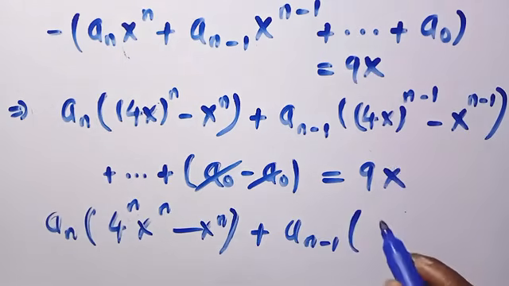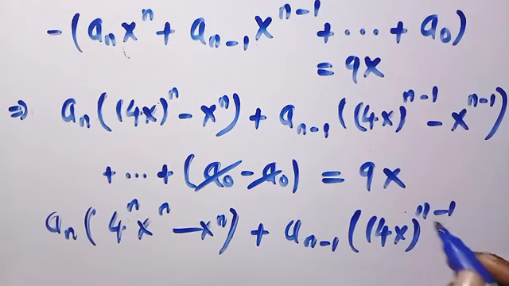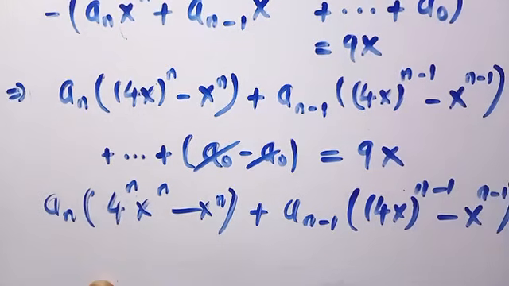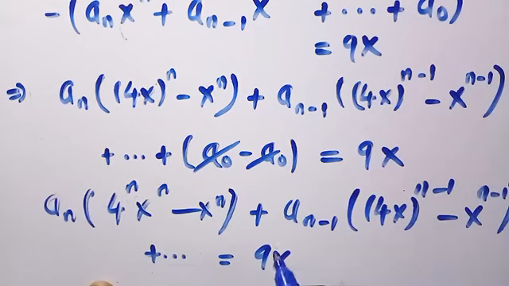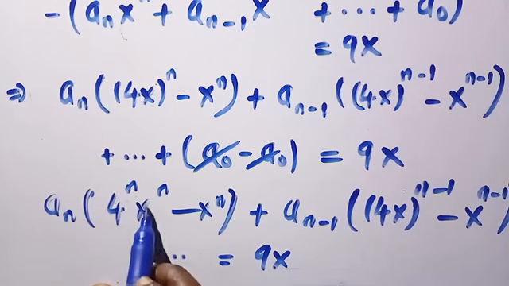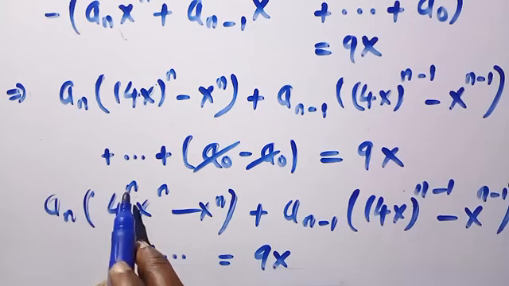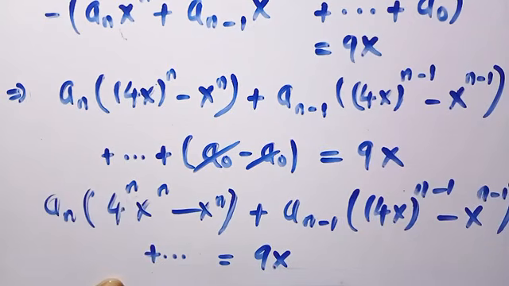So I'm going to leave this as 4x all raised to power of n minus 1, then minus x raised to power n minus 1. And since this has been cancelled, we have plus dot dot dot, then everything equals 9x. Having this, we are going to factor out x raised to power n from here, and we have 4 raised to power n minus 1.